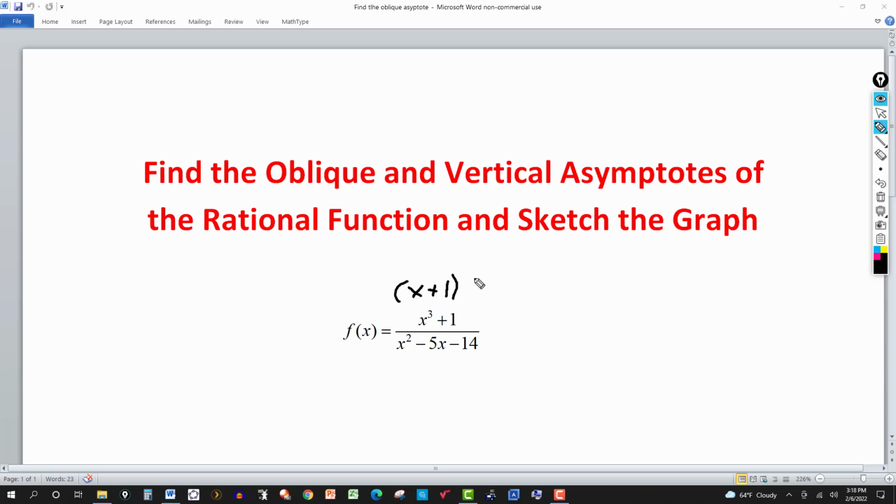And then the other factor will be the square of the first term of the binomial, minus the product of the two terms, so this would just be x, and then plus the second term of that first factor squared, which is 1. The denominator factors into x minus 7, the trinomial, and x plus 2.